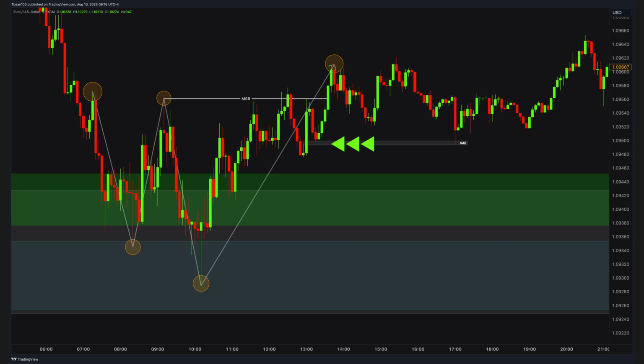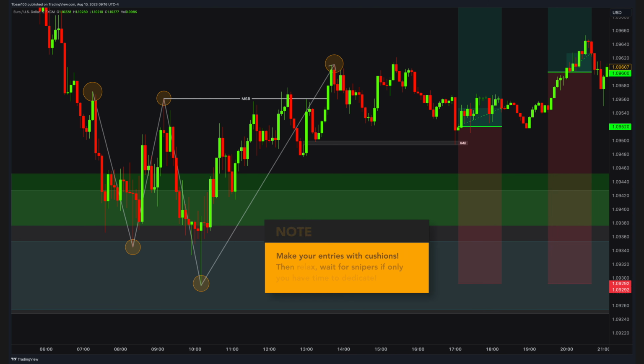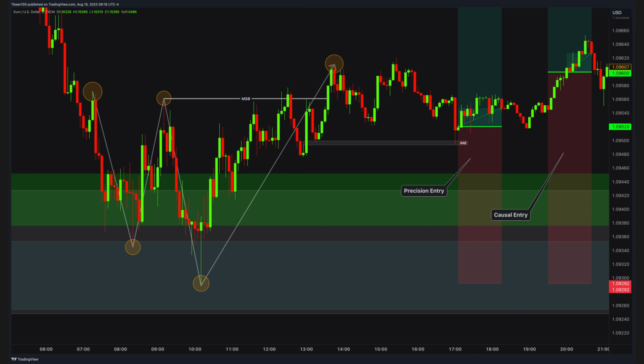Well, to be honest, finding these extreme sniper entry areas is not easy for most people. It requires extreme dedication and practice. This is why I say this: just make your casual entry and do not worry, but cushion yourself enough to absorb the possible pullbacks.